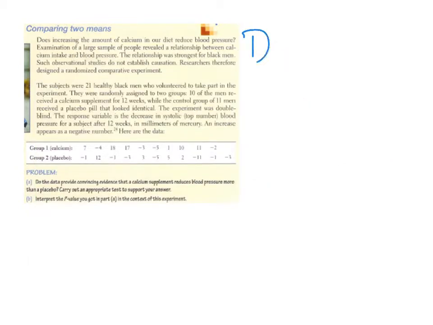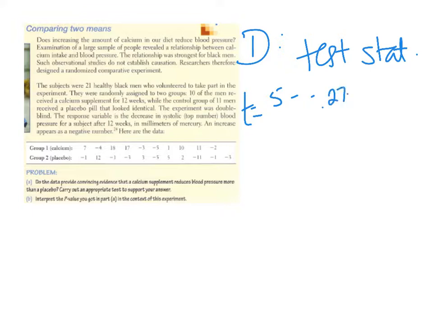In the do part, we're doing a significance test. So I need my test statistic, which is going to be t equals 5 minus negative 0.273.